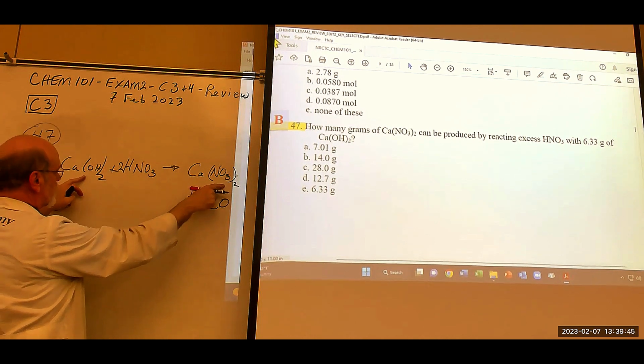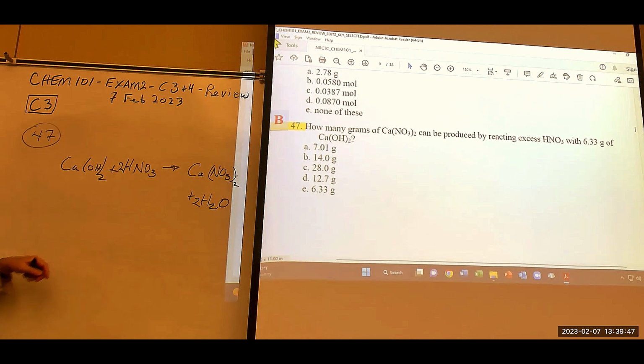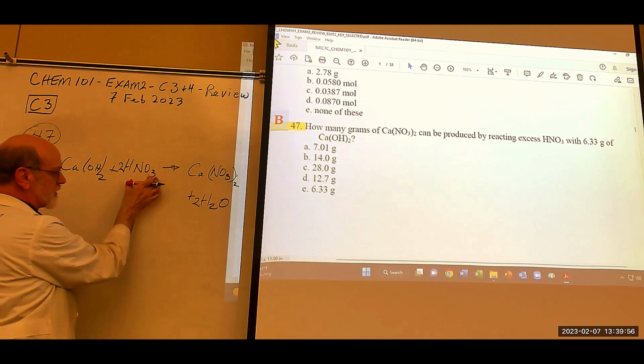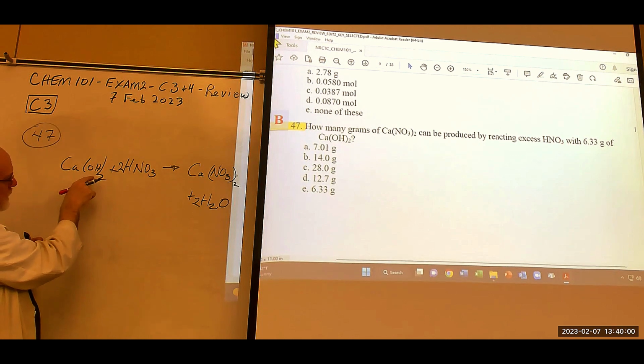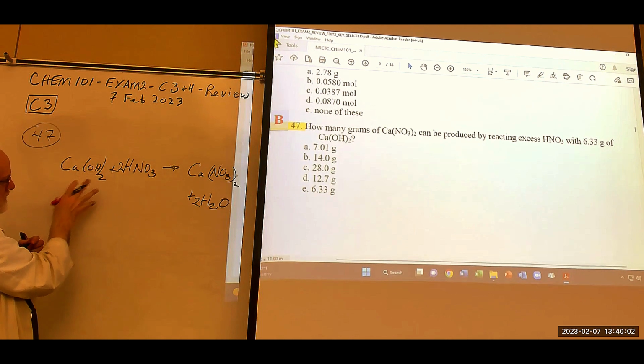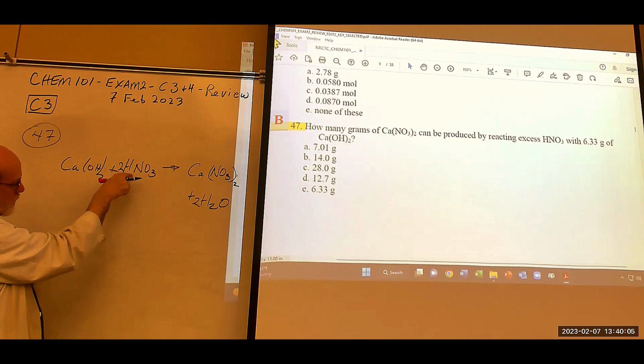And that gives us two nitrates there and one calcium. That's balanced. And you can do it with budgeting. That works too. Nitrate is the same on both sides, so you can use it as a budgeting unit. But the hydroxyls have to come out separate and react with this hydrogen.